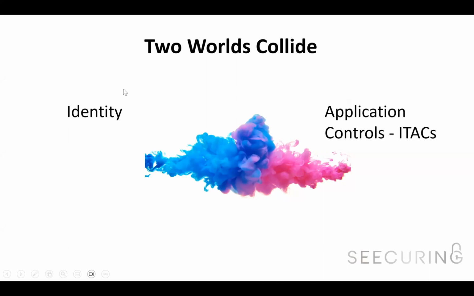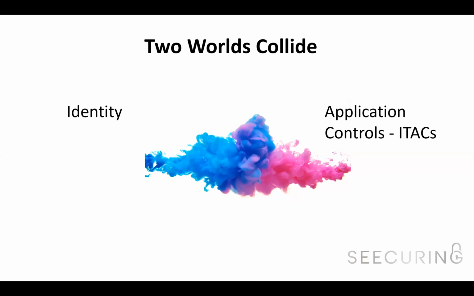Okay, all right, so let's talk about the theme behind today's session. As I say, we're looking at really two worlds colliding. We've got identity, which has always fallen under the scope of cybersecurity or security at large. And then on the right, we've got application controls or ITACs. These two worlds are starting to collide.